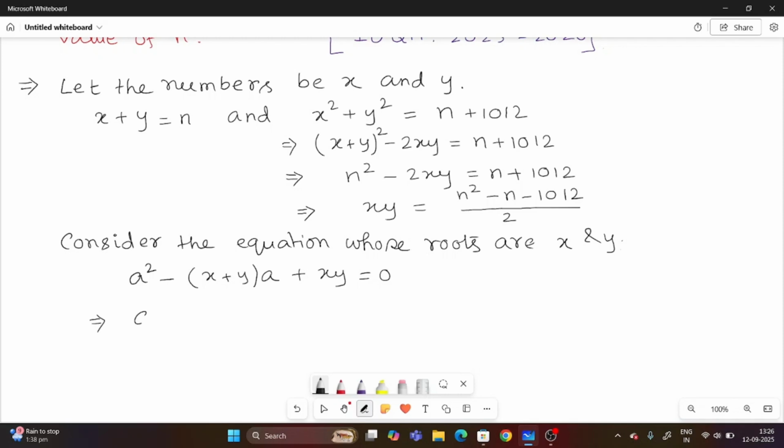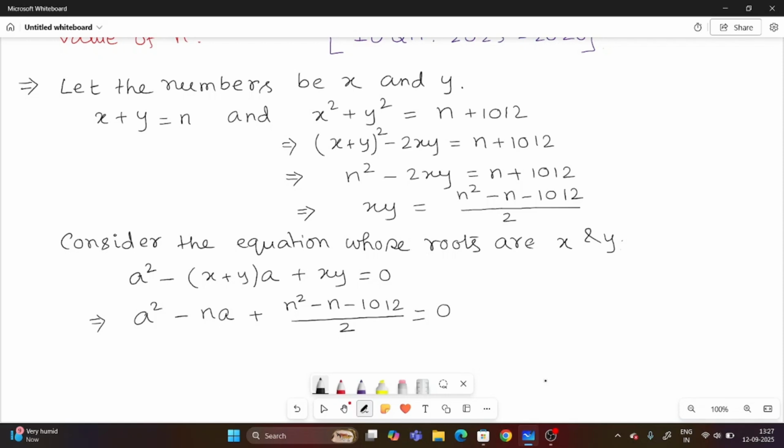Now substituting the values, x plus y is n. So we get a square minus na plus the value of xy, (n square minus n minus 1012) whole divided by 2, which is equal to 0.